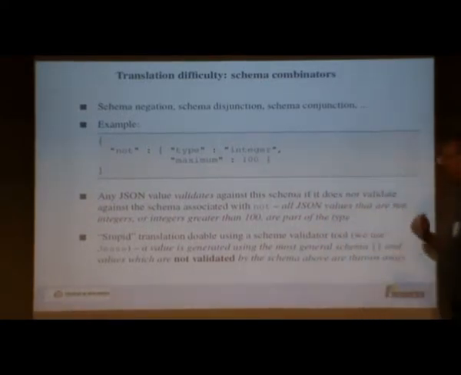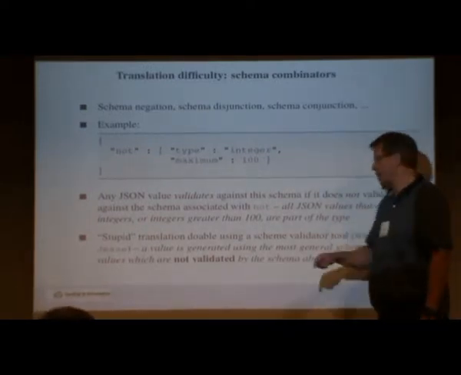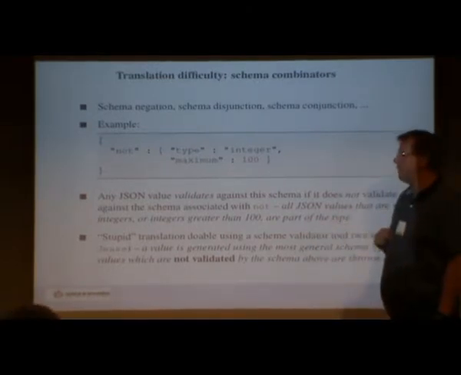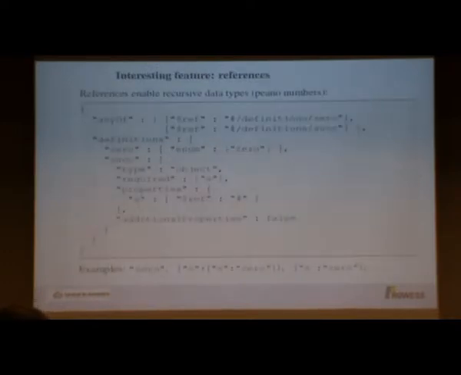Okay. So again, we risk the problem of throwing away lots of data. And for doing that, we need a validation tool. We don't only need a tool for generating data, but we also need a validator for JSON schemas and JSON values, and we use the JSON tool to do that. Okay? This is doable, but possibly inefficient.